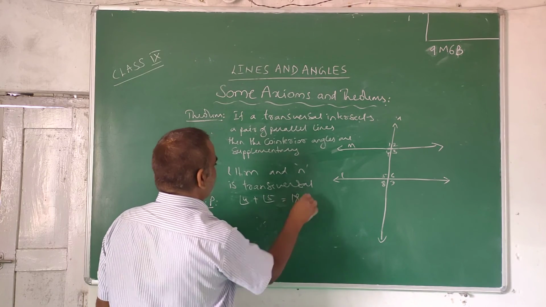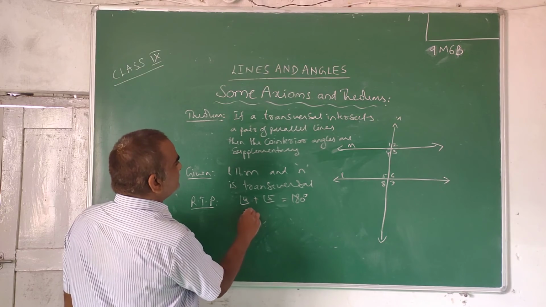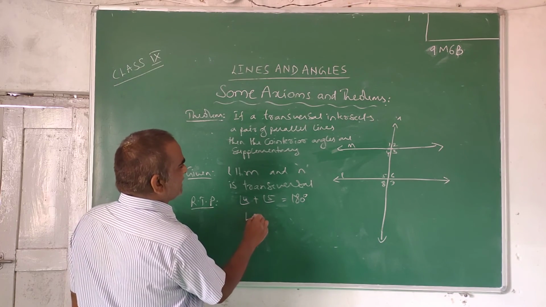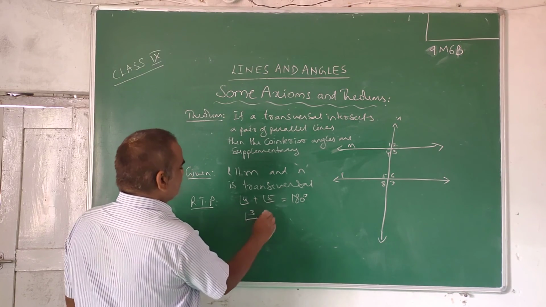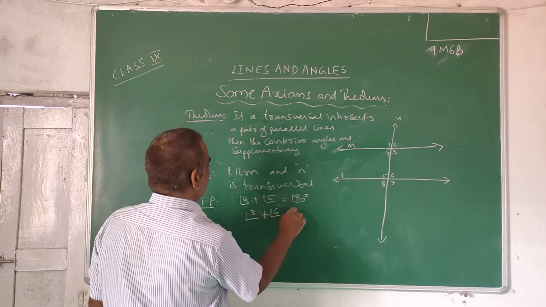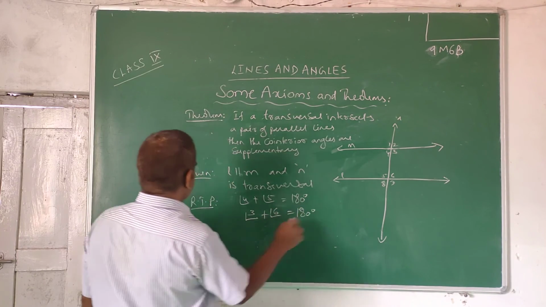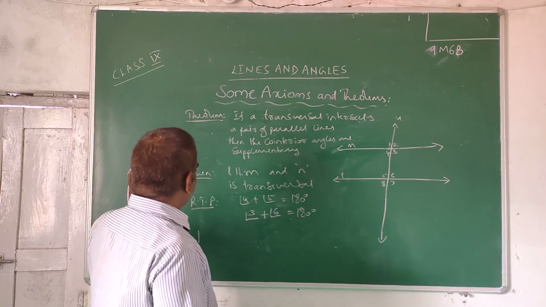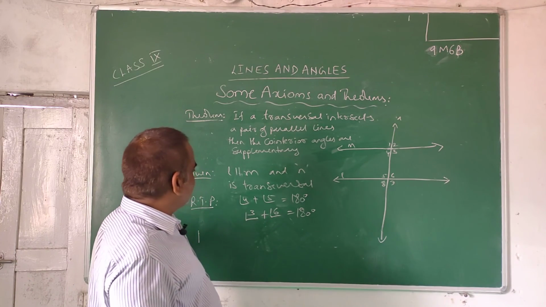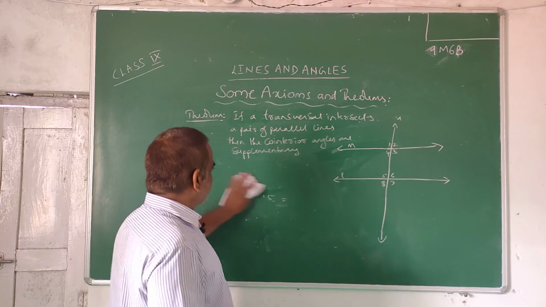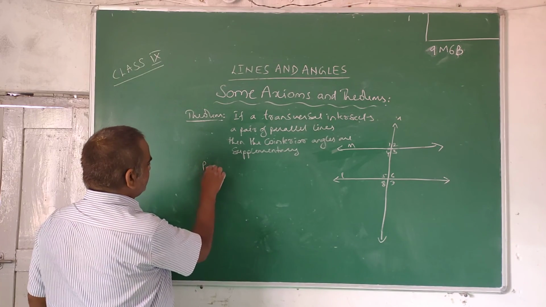Supplementary means 180. And then we need to prove the next co-interior angle pair, that is angle 3 plus angle 6 is equal to 180. So now proof follows. Did you understand RTP and given? So now what is proof?